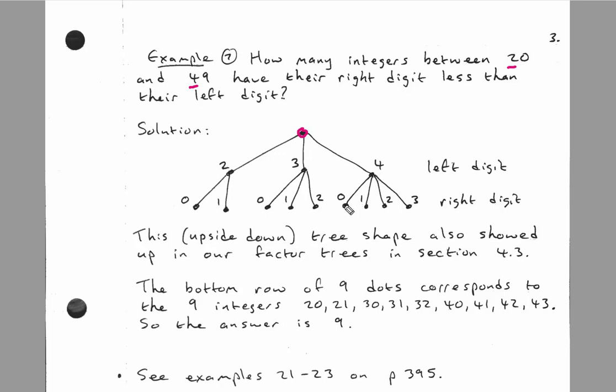For a 4, 0 through 3 are all good options. So for the second task, it's not the same number of ways to do it. That's why we can't just multiply and use the product rule.